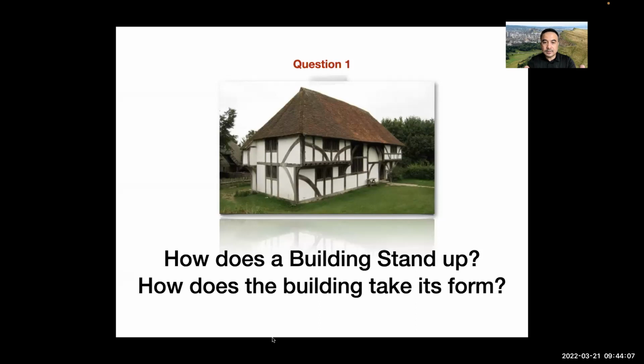And how does a building take its form? To look at it is, right? Why the roof have incline into the slope like that, that we call the pyramid or gable form, right? How does the building stay in a rectangular form, right?